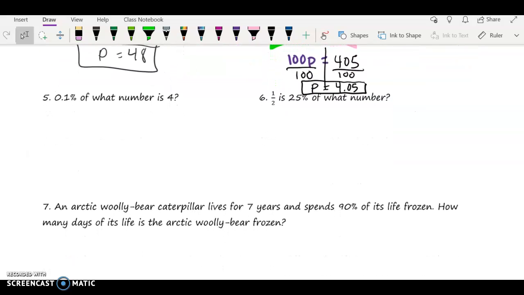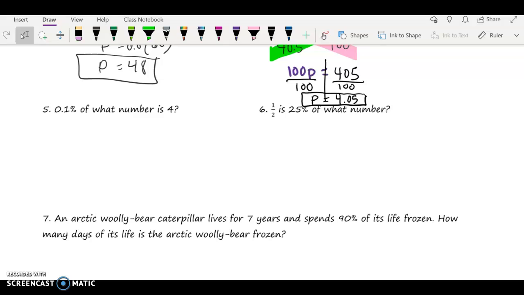All right, number 5, we have 1/10 of a percent of what number is 4. So I'm going to do both ways on this one. So we know our percent is 0.1 out of 100 of what number? This is my W, this is my whole, is 4, this is my part.